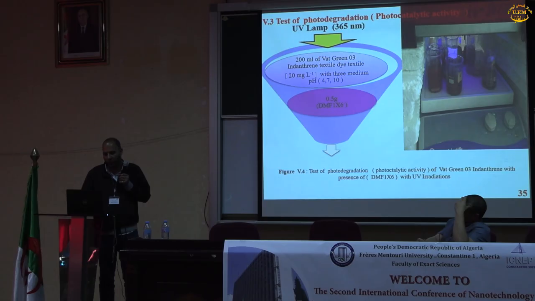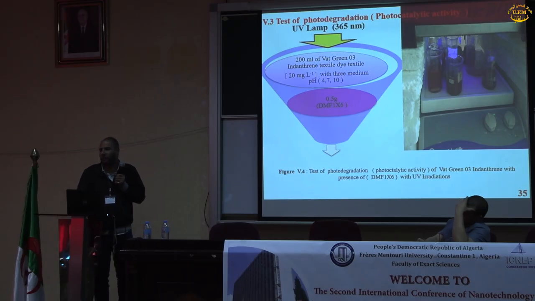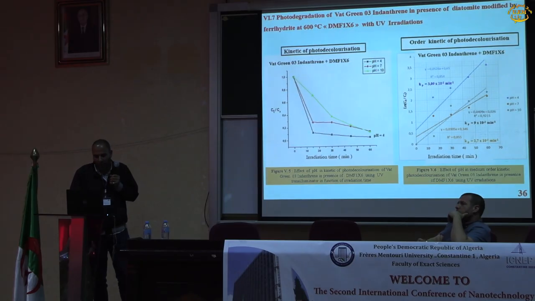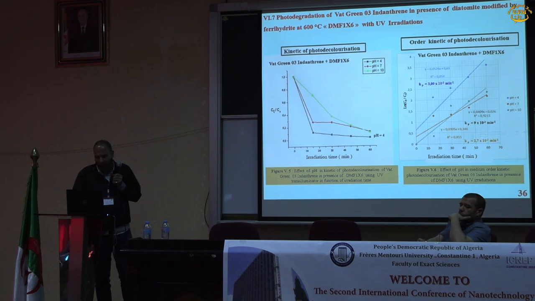Plus we add 0.5 gram of diatomite modified parfaitite with calcination. We use the UV lamp of the transilluminator with a wavelength of 365 nanometers.